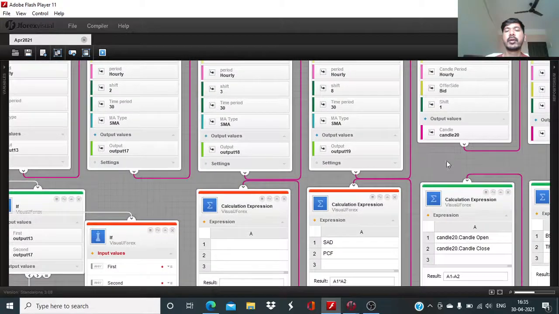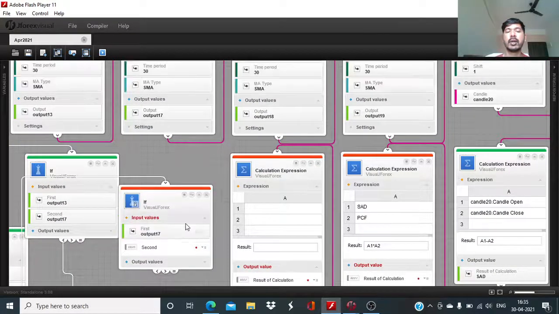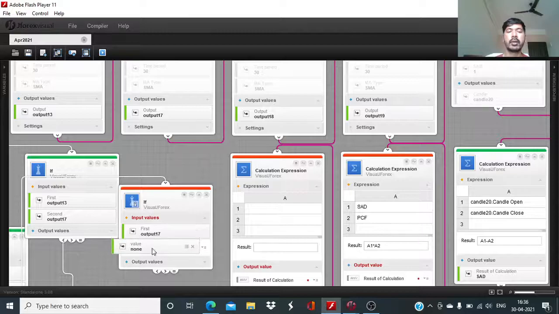The look back period is 8. So output 17 needs to be less than output 19.